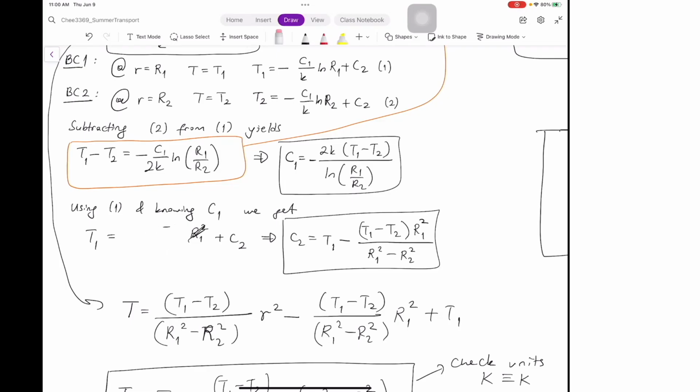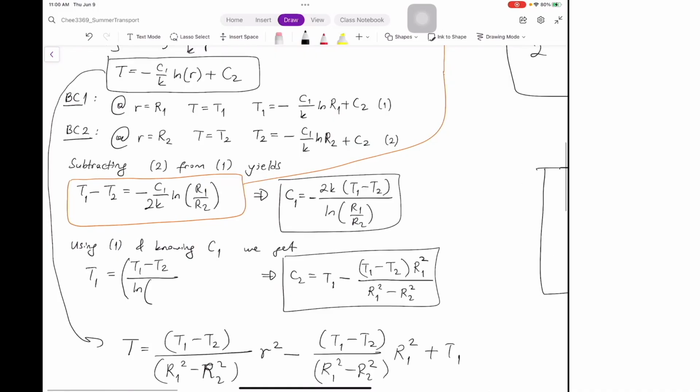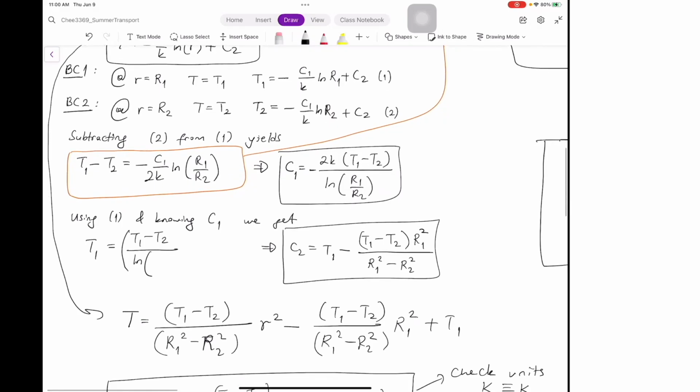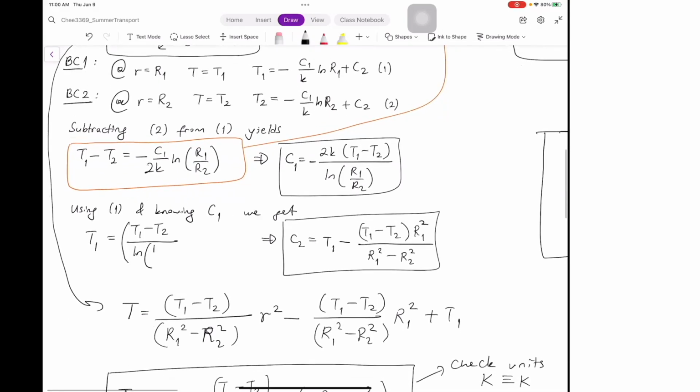Okay, so let's divide by negative 2k. You get T1 minus T2 over logarithm of R1 over R2.